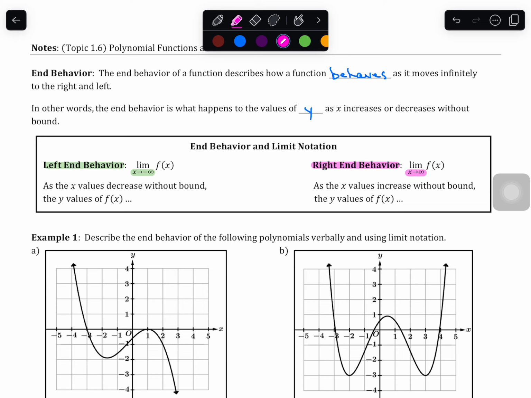So you're always going to have the word lim over x and then an arrow pointing to either negative infinity or positive infinity, and then whatever the function name is. So if it's f of x, it's going to go there. If it's t of x, if it's m of x, and then you're going to put what it is approaching. A lot of times in our cases, it'll be either negative infinity or positive infinity, meaning that it'll keep going on forever and ever.